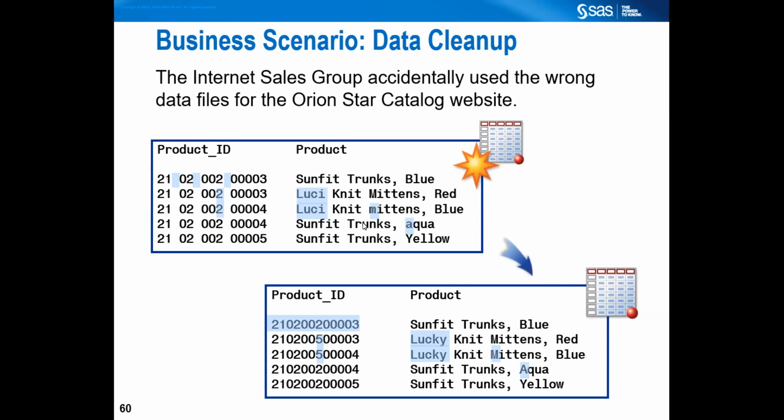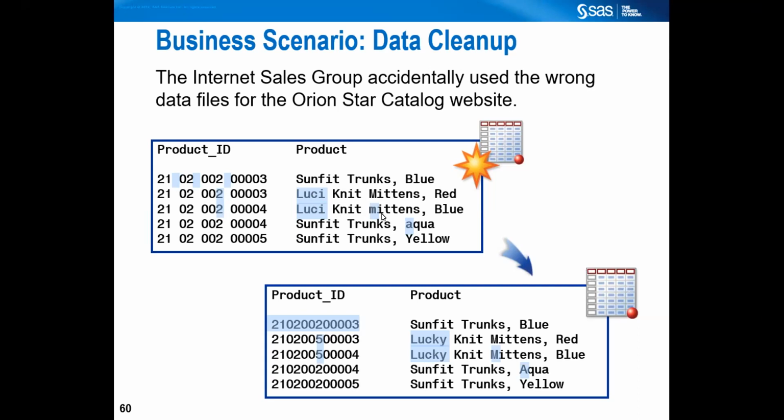And they are trying to tell you that wherever the word mittens is, it is actually a product name called Lucy Knit Mittens. Okay. So wherever there was a mitten, this Lucy has to be transformed to Lucky. All right.